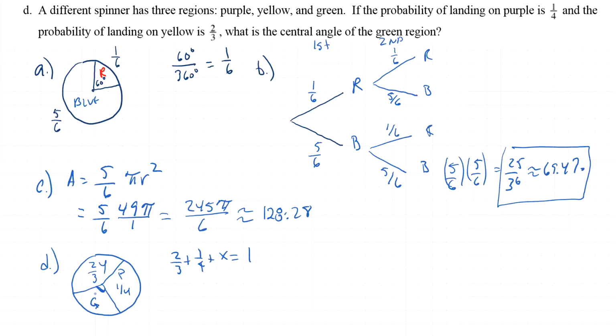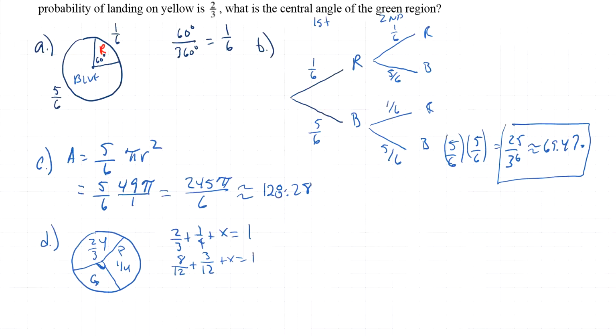Now if we get a common denominator, this is going to be 12, so 3 times 4, that's 8, plus 12, 4 times 3, so this is 3, plus x equals 1.